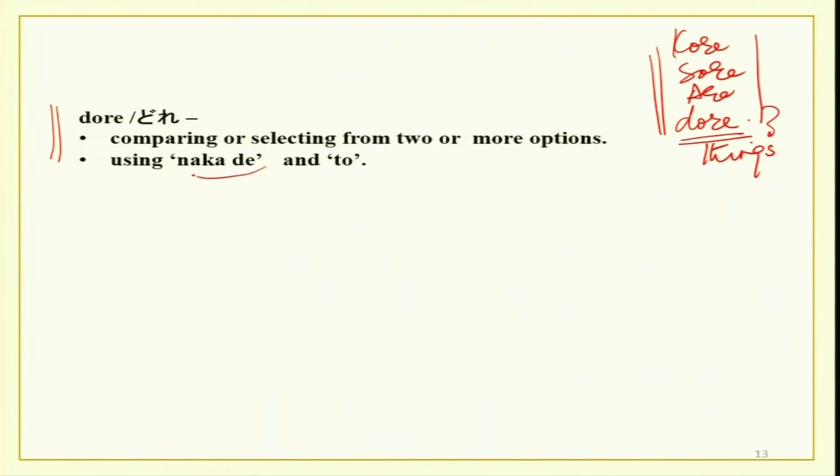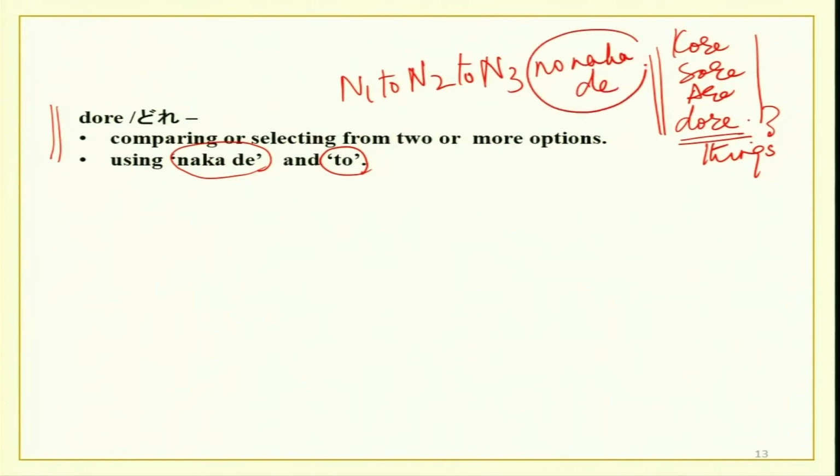using no naka de and to. So, noun 1 to, noun 2 to, noun 3 no naka de, and this to means and. It is also very informal.